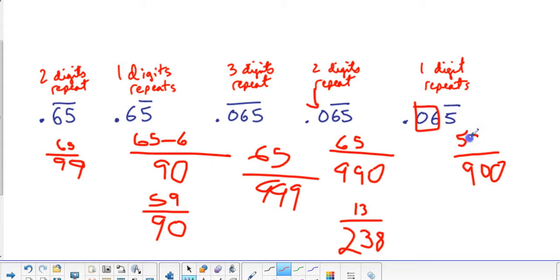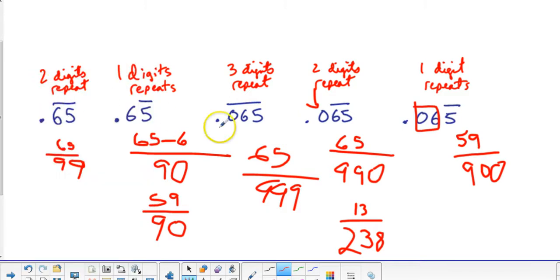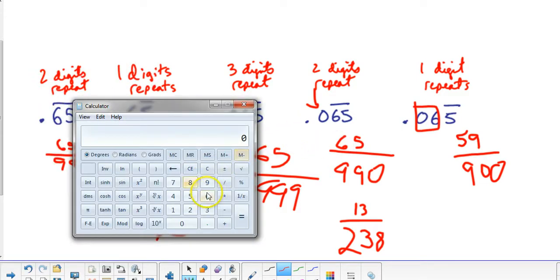Again, that's going to be reduced. If you want to check those, you just divide 59 by 900 on your calculator. Let's see if we can do that. That sounds like fun. 59 over 900 gives me 0.65 with just the 5 repeating.